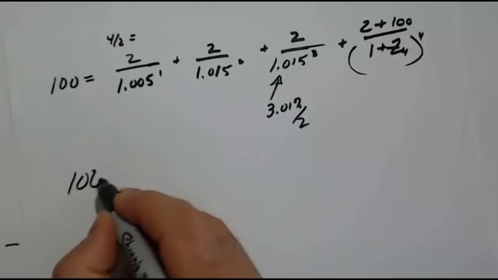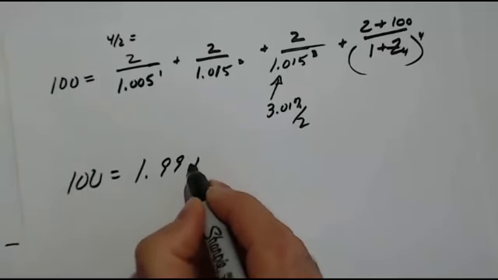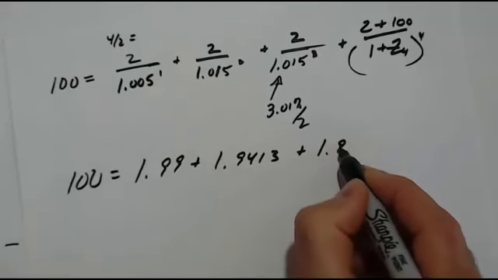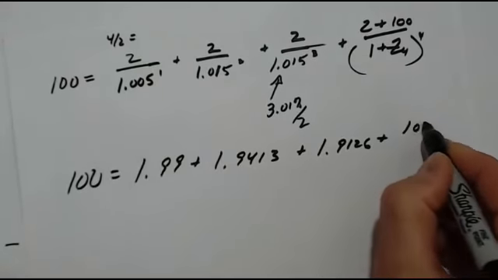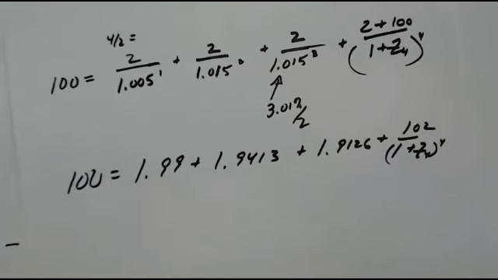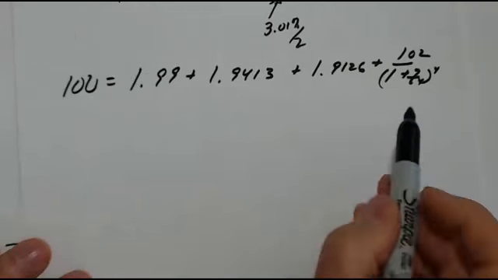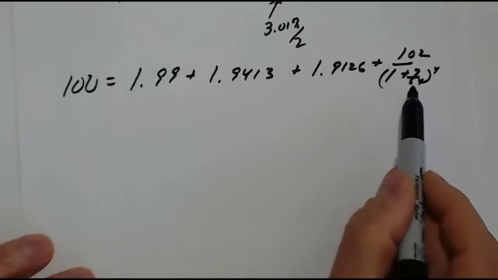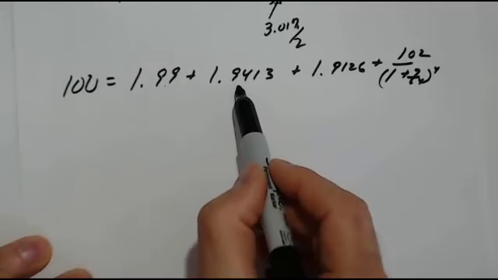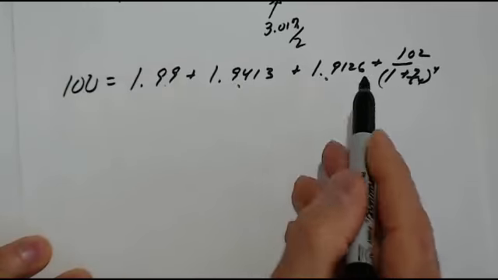So this is 100 equals 1.99 plus 1.94 plus 1.91 plus. Okay, so that's the formula. Now just calculate Z4. Well, this is $100 minus $1.99 minus $1.94 minus $1.91.